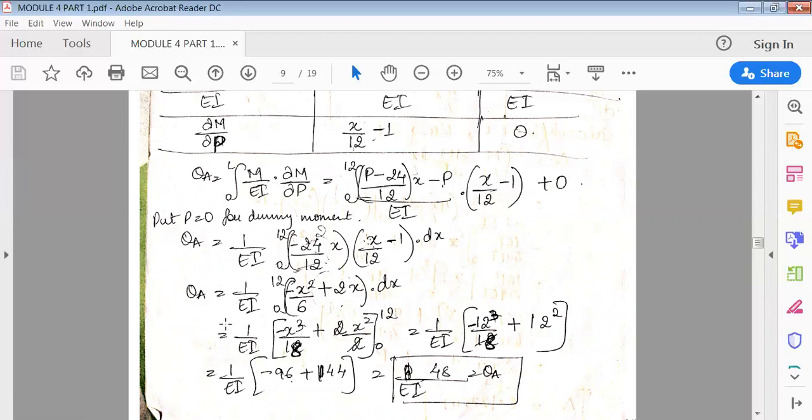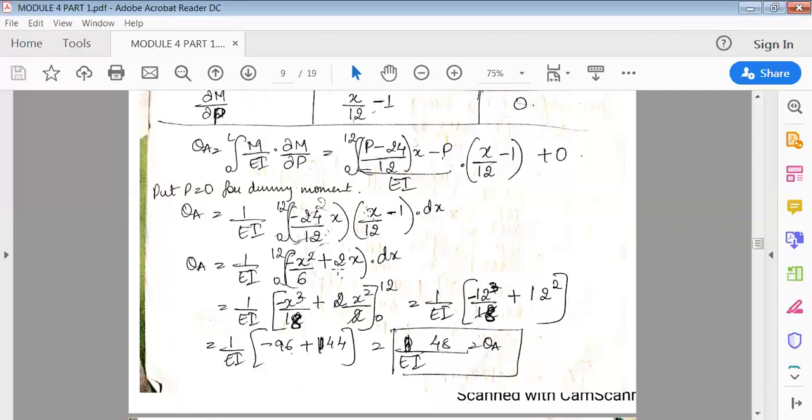So theta is now 1 over EI, integral 0 to 12. This is X. So multiplying this, it becomes X square divided by 6 plus 2 into X. Okay, so minus becomes plus 2 into X. So 1 over EI, X cube by 18 plus 2X square by 2, from 0 to 12.